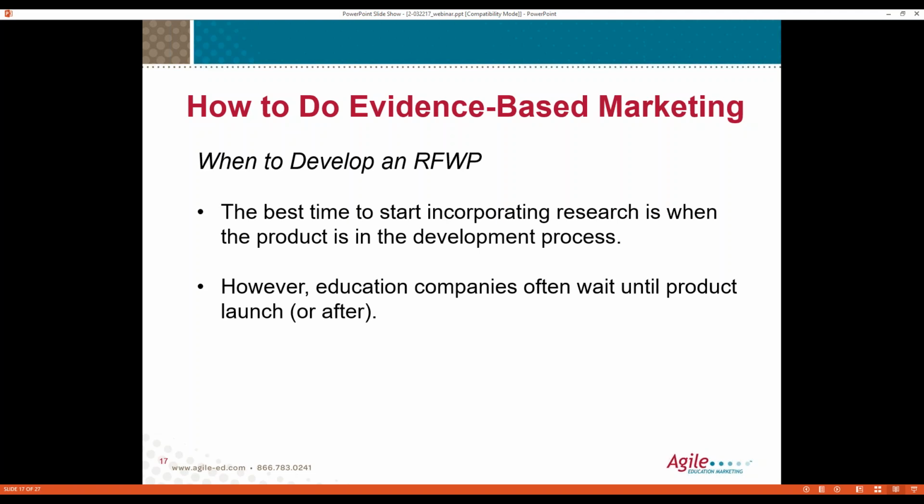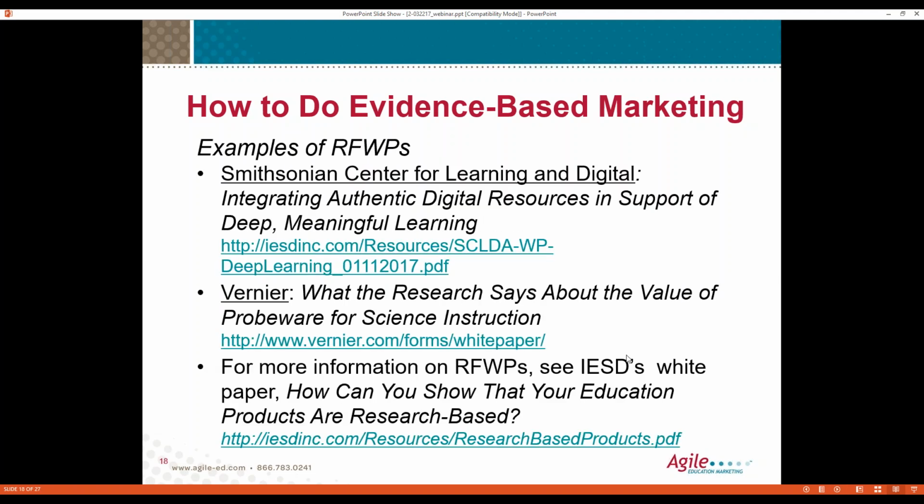So you would just follow kind of what we just outlined, looking at the various sources, tracking them down, and so forth. We thought it might be helpful to give you some examples of Research Foundation white papers that we've done, and we included that on the next slide. And we've got some links there that you can go to.